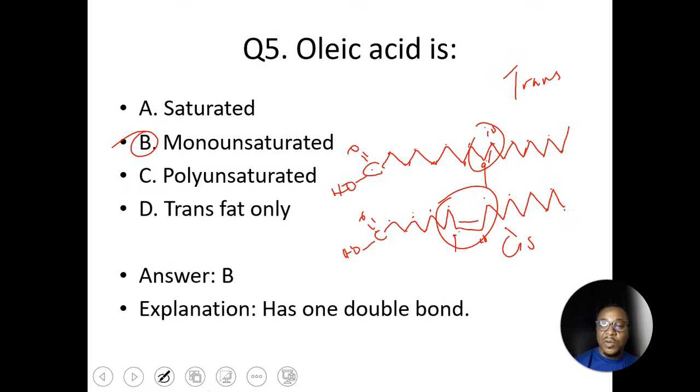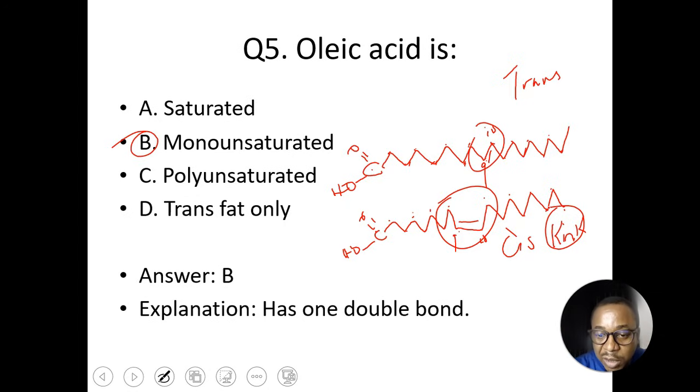It's called a cis bond, and that cis bond introduces what is called a kink, like a bent leg. So it is a monounsaturated fatty acid having the double bond between the 9th and 10th carbon atoms. We give it the lowest possible number, which is number 9.